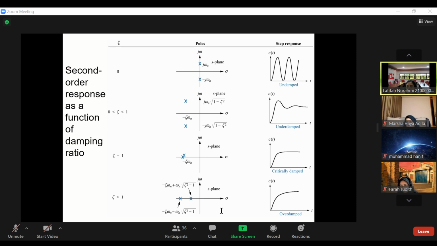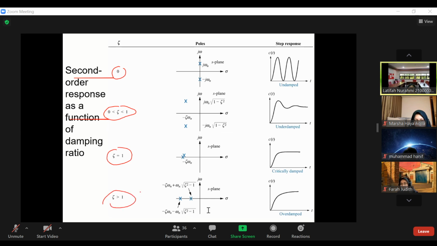Okay. So let's see what it means and how it reflects within this graph. So we have several classifications. Classification number 1, classification number 2, classification number 3, and 4.